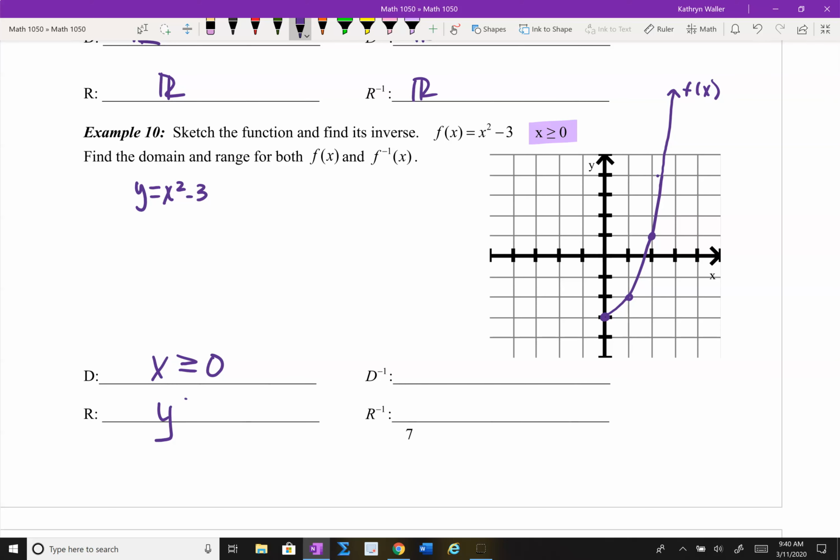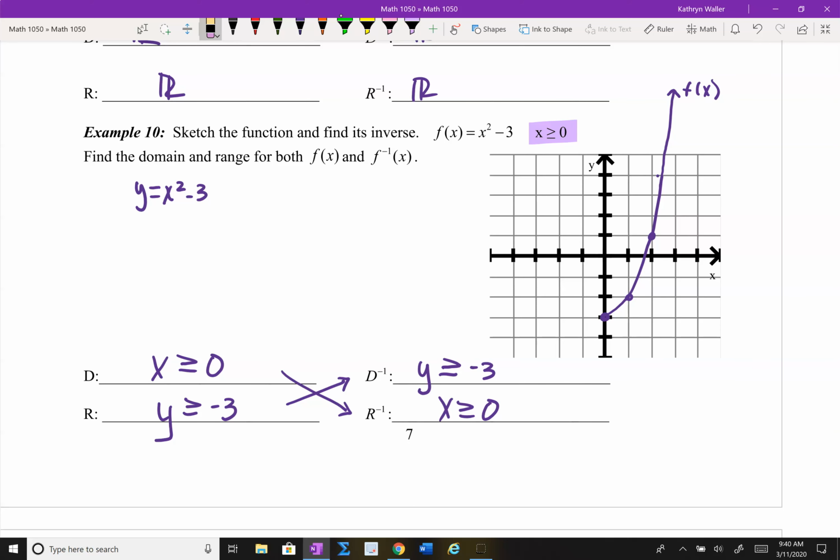So it's y is greater than or equal to -3. -3 and bigger. The next thing is to switch these. So that guy goes there, and that guy goes there. And it looks like that, and that's wrong.